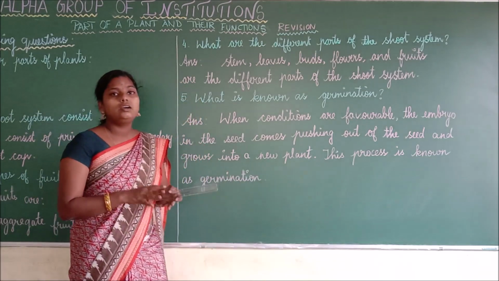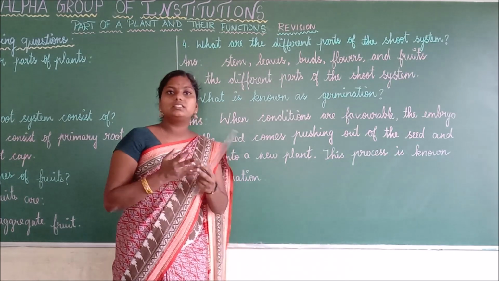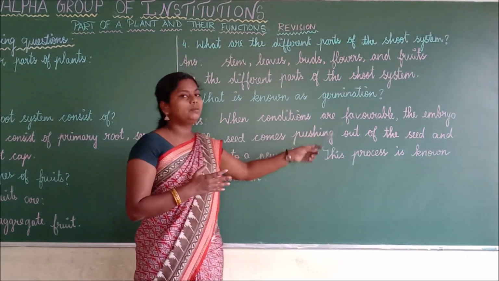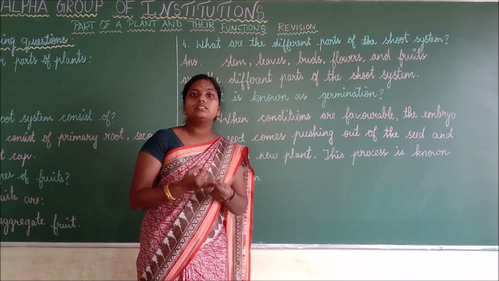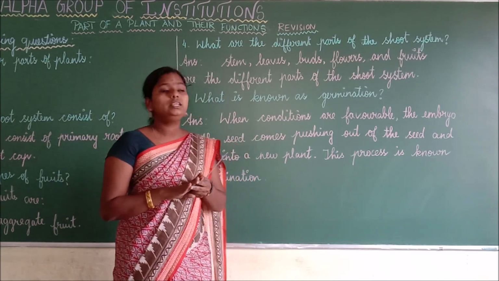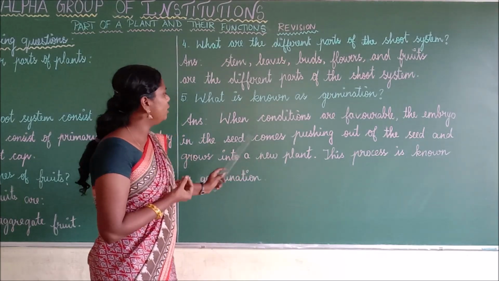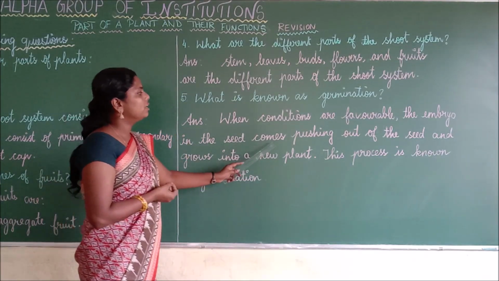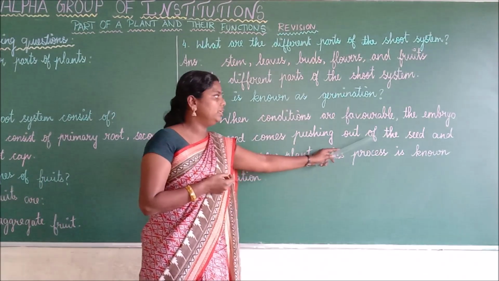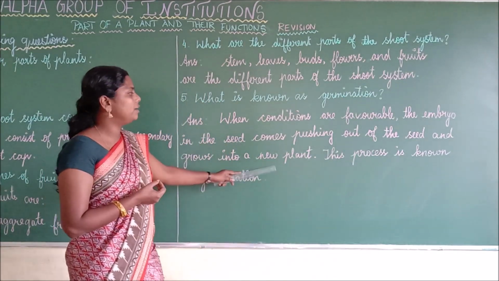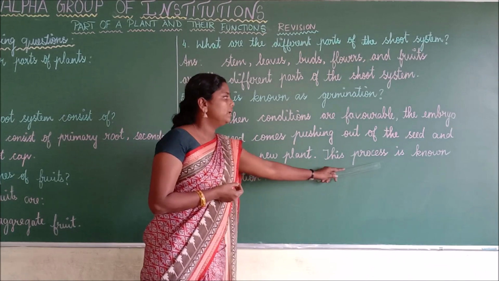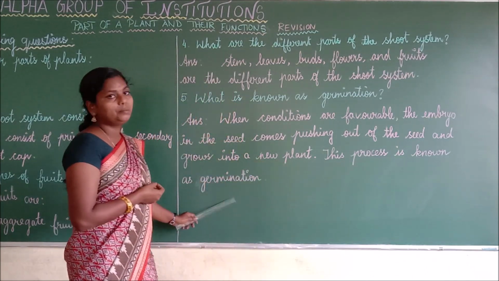The conditions mean the weather, the sunlight, everything, and it is favorable that the seed gets nutrients, minerals and good sunlight. Then the small embryo in the seed comes pushing out of the seed and grows into a new little plant. This process is known as germination.